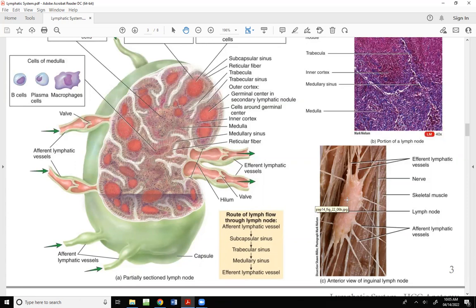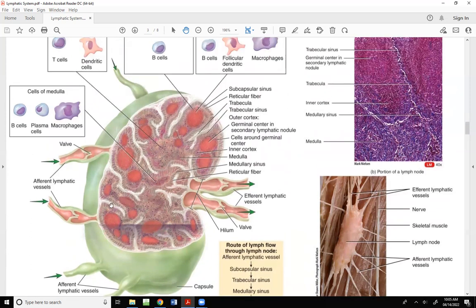So this will be in the groin area, where you can see the afferent vessels carrying the lymph in, the efferent vessels over there on the top carrying the lymph out. Not a perfect image to show you the shape of it, but hopefully you can appreciate it nonetheless. Never going to be a perfect kidney bean shape like this is, but hopefully fairly close anyway.